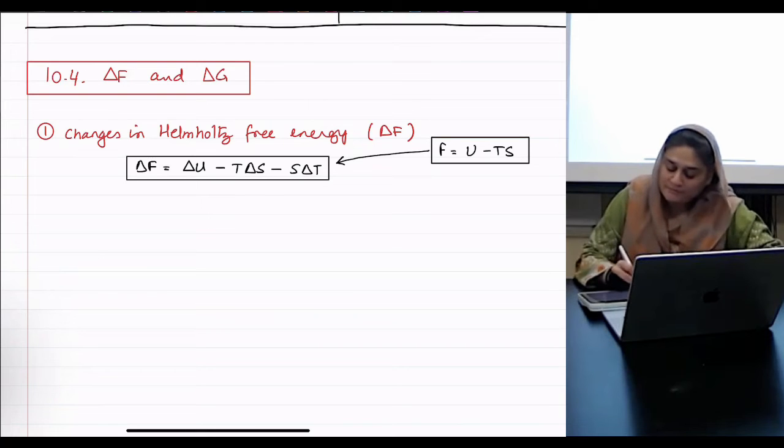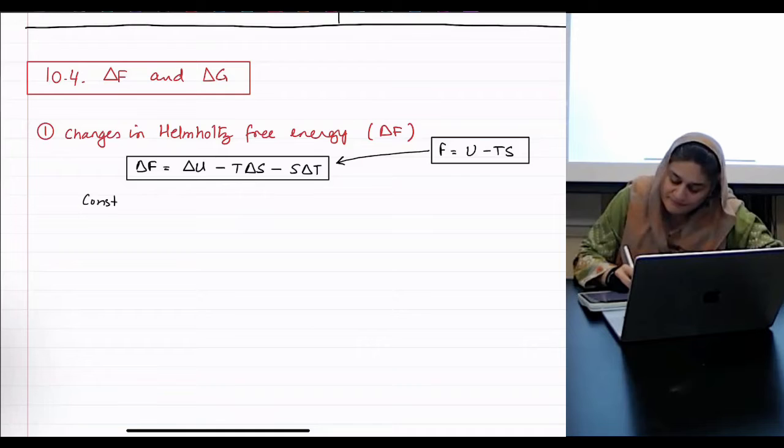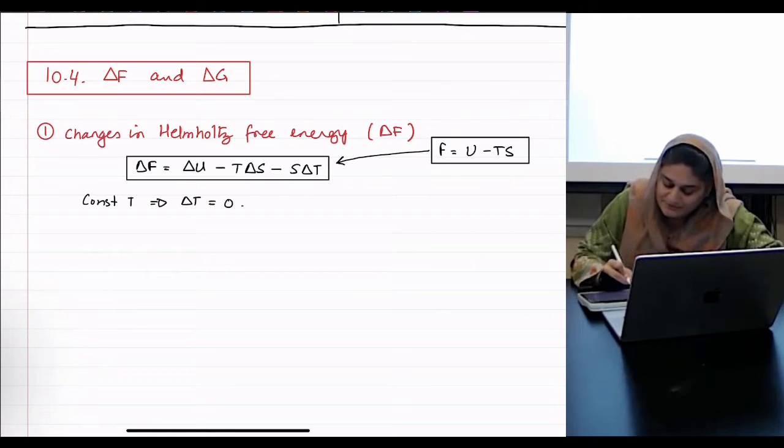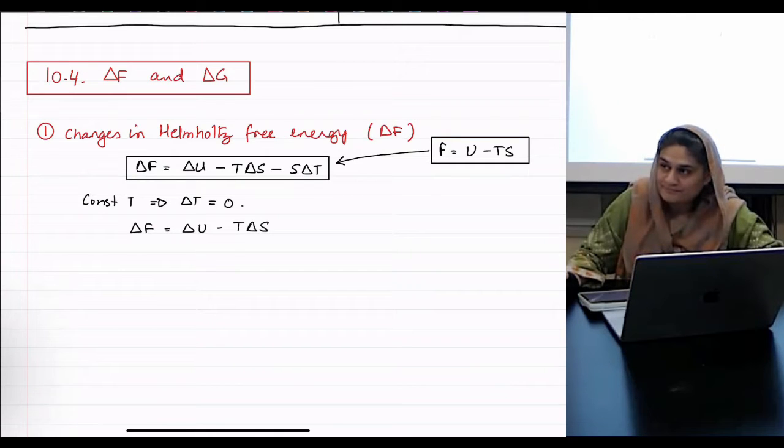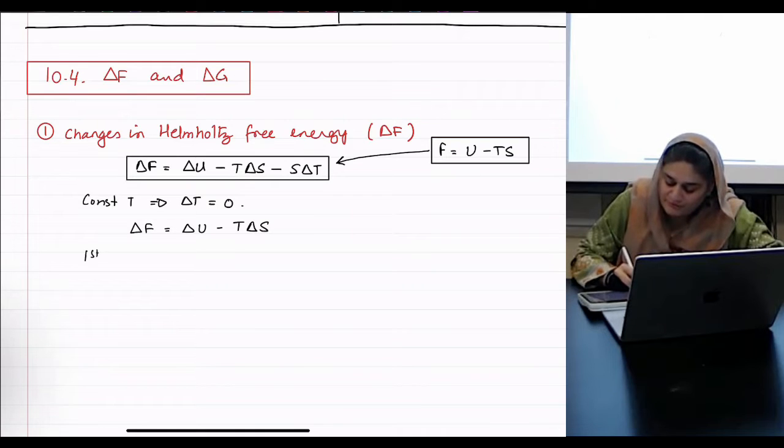Okay. Now, is temperature constant for this case? Implies delta T is zero. So may I write this as delta U minus T delta S? Is delta U from the first law? What is delta U?